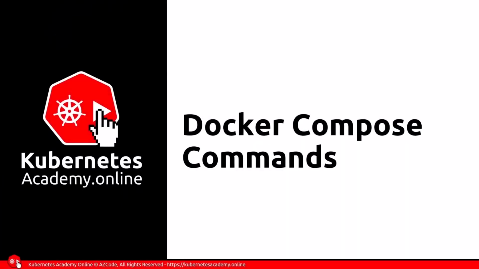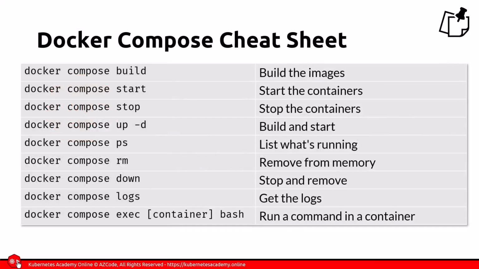Let's now use Docker Compose. Here's a cheat sheet listing some of the Docker Compose commands. Docker compose build lets you build the containers as defined in your Docker Compose YAML file. If the file is located in another folder, you can use the optional -f parameter and specify the file's location.